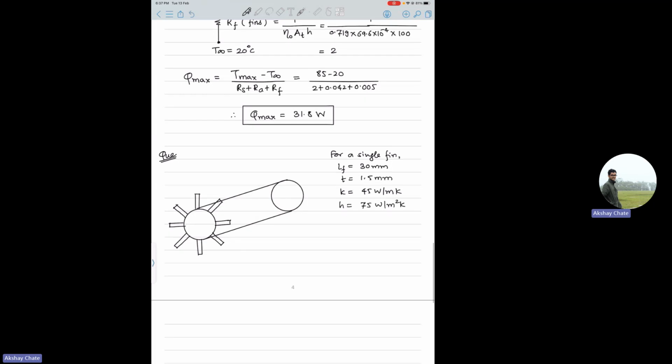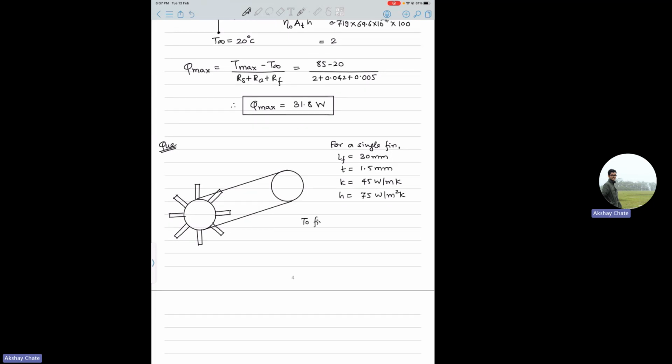And they are asking, we need to find the increase in rate of heat transfer due to addition of fins to the pipe surface.